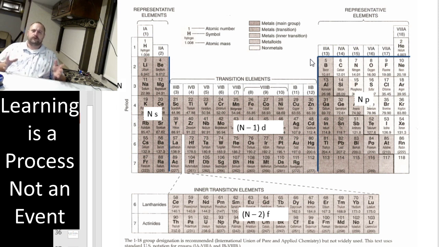It turns out to be almost as stable as things being completely full, or not quite as stable, but much more stable than a hodgepodge. And so we sometimes leave the S half full if we can get the D's all the way full, or get the D's partly full. They're really close in energy, and so, craziness.